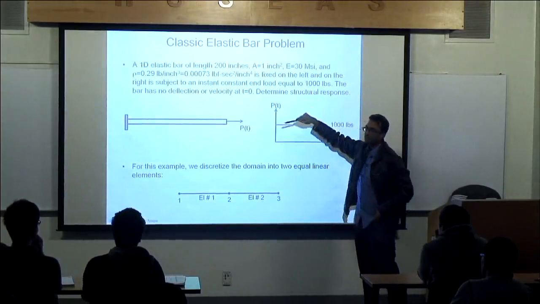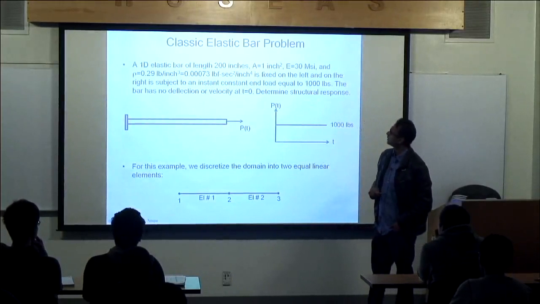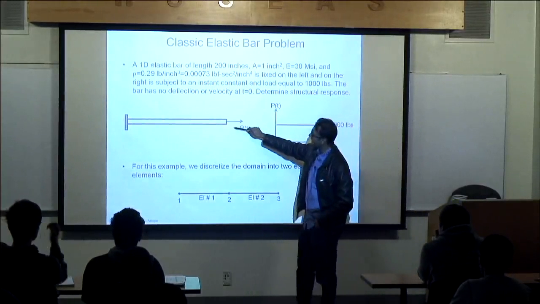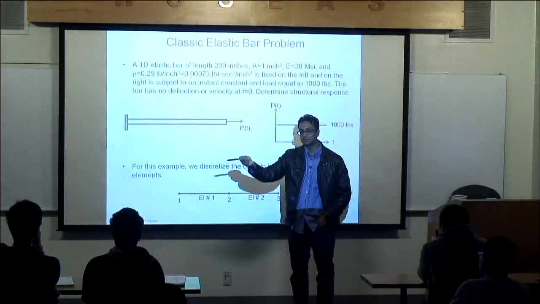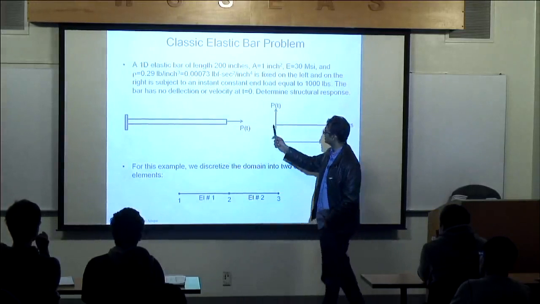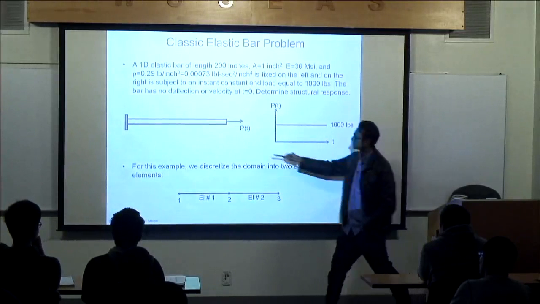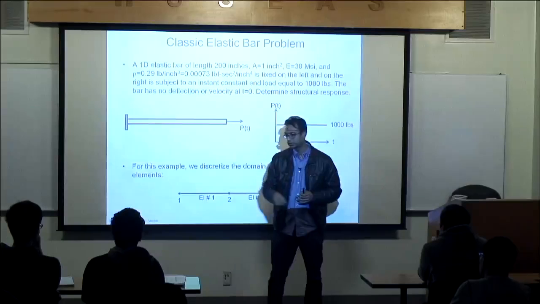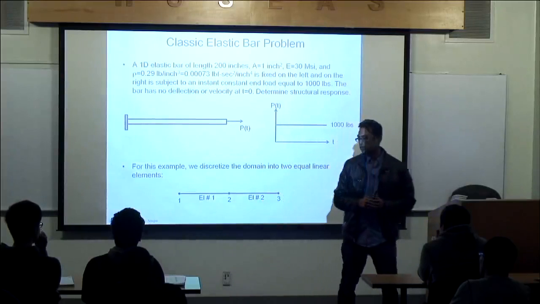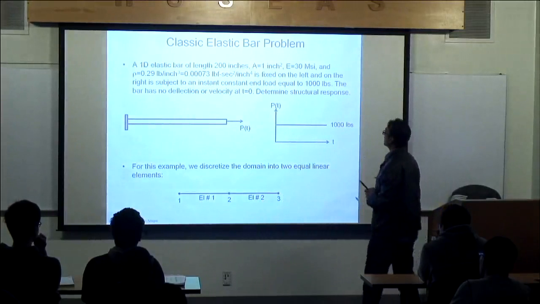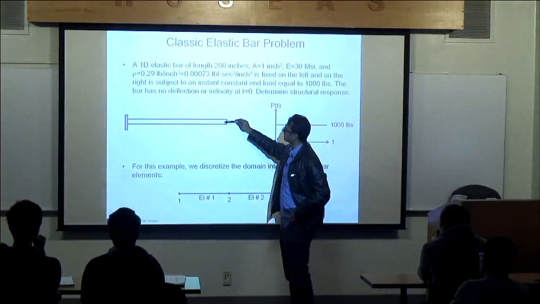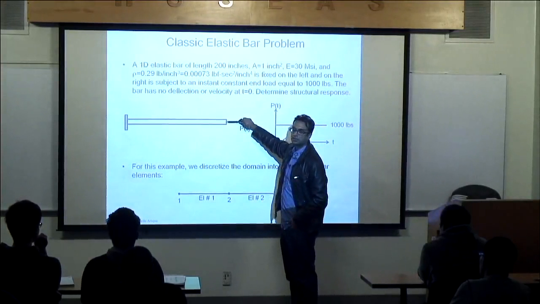It's fixed on the left. And on the right, we're subjecting this right end to an instant constant load of about 1,000 pounds. So I'm taking this right-hand side and instantly loading it up. And we're saying that the bar has no deflection or velocity initially at time equals 0.